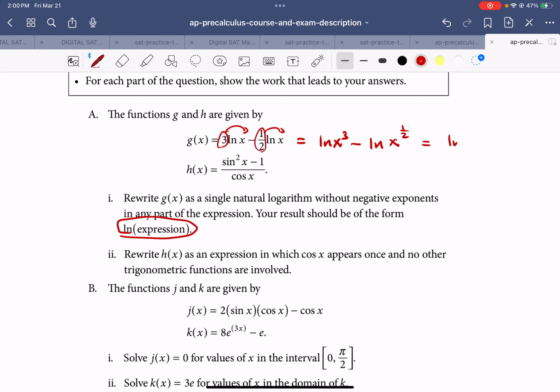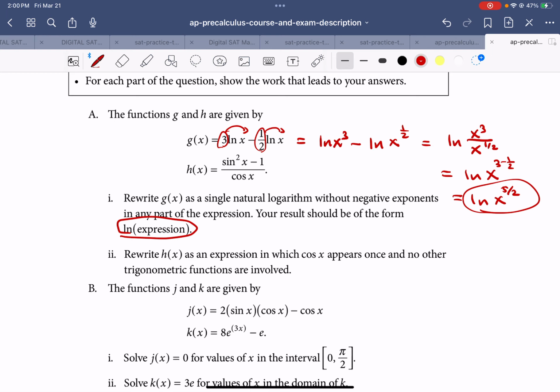That's one of the properties. Ln of x cubed over x to the 1/2. Then, one of the exponent rules, when you divide, you subtract exponents, right? So x to the 3 minus 1/2, or you can say ln x to the 5/2. Okay, then I'm done. This is ln of that expression, and I don't have any negative exponent, so that should be the answer.